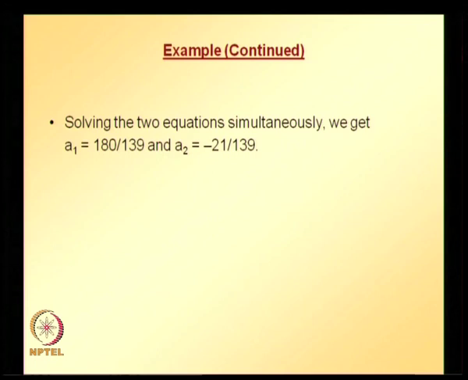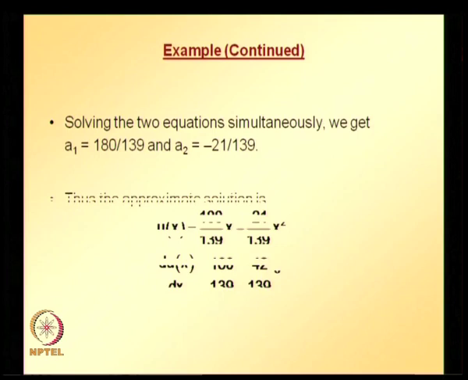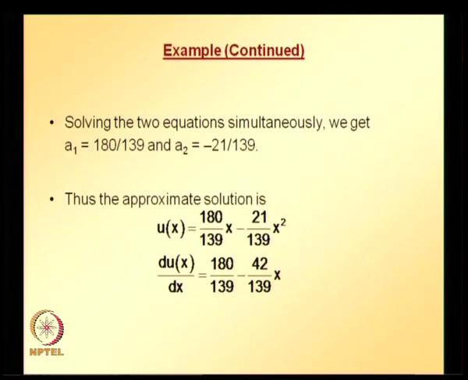Now our job is over, we found a1 a2, and the admissible trial solution is a1x plus a2x square. So you substitute the a1 value and a2 value, you get the approximate solution for u, and if you want you can take the derivative of this.